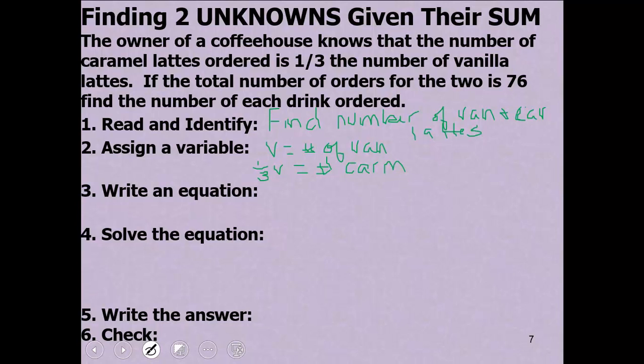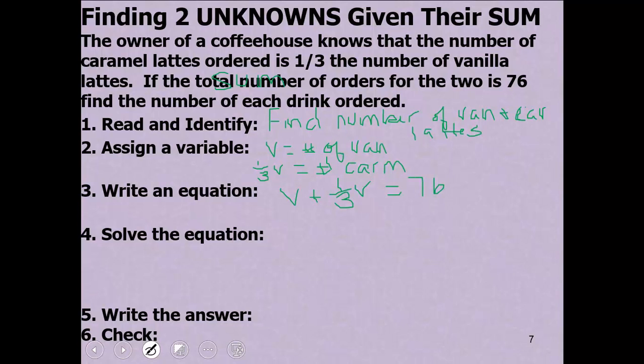My equation says the total number of orders, that's the sum. If the sum of orders for the two is 76, I add them together. My vanilla plus my caramel, which is 1/3 V, has to equal 76.